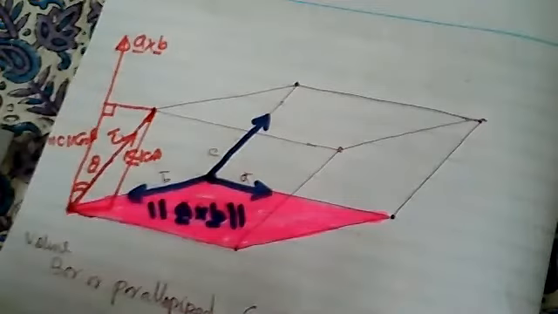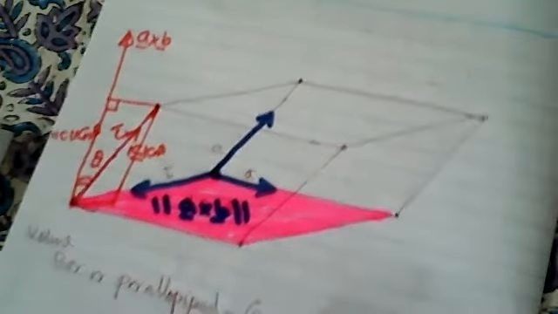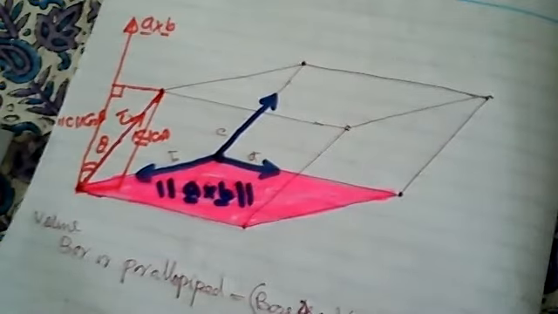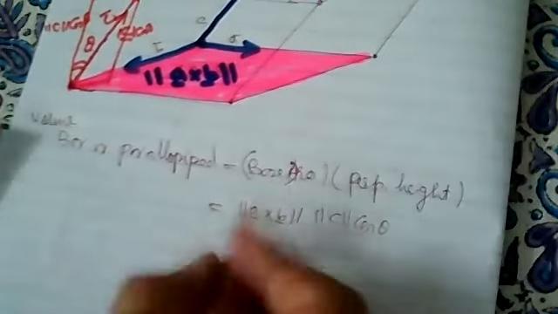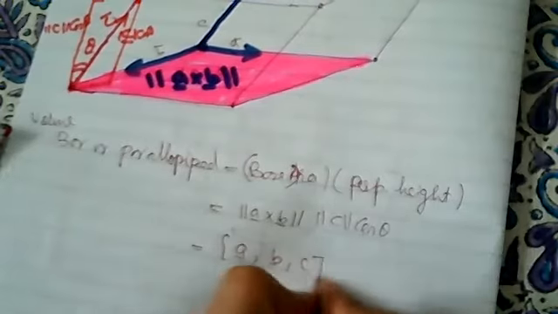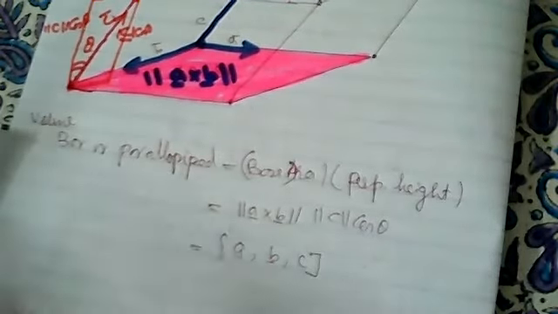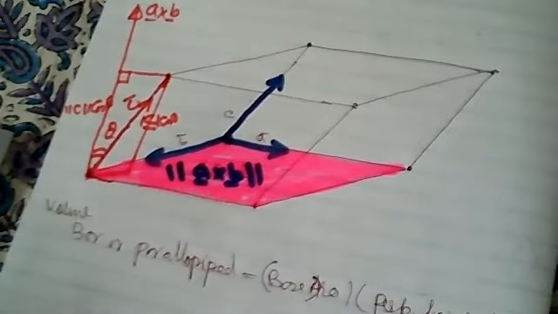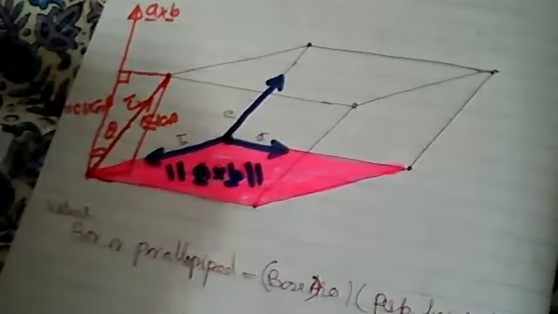If you remember the definition of the scalar triple product, magnitude of A cross B times magnitude of C cos theta, this is just the scalar triple product. It means the scalar triple product geometrically gives us the volume of this box. That's why it is called the box product.